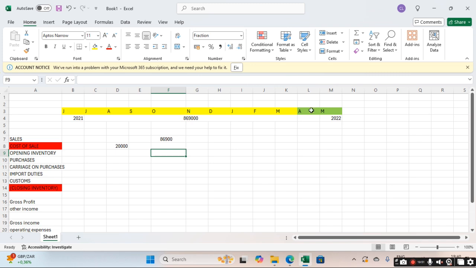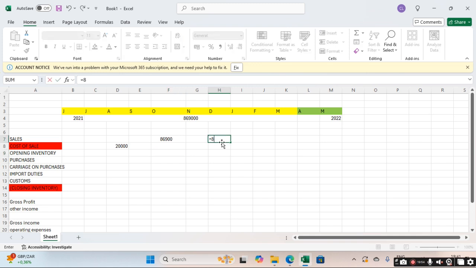So now they said on 1 April, the amount we're paying per month increased by 10%. So now how do we get the 10%? So we can simply say is equal to 86900 times 10%.